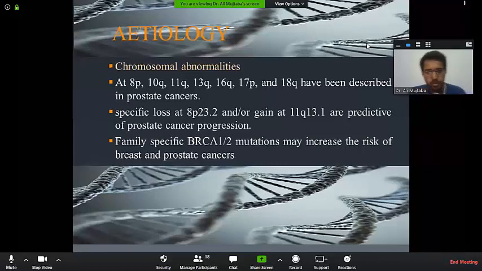The addition or deletion of some specific nucleotide sequences are also associated with progression of prostate cancer, specifically the loss of 8p22 and gain at 8q21.3 of the prostate cancer. Family history of BRCA1 and BRCA2 mutation often increases the risk of prostate cancer as well.